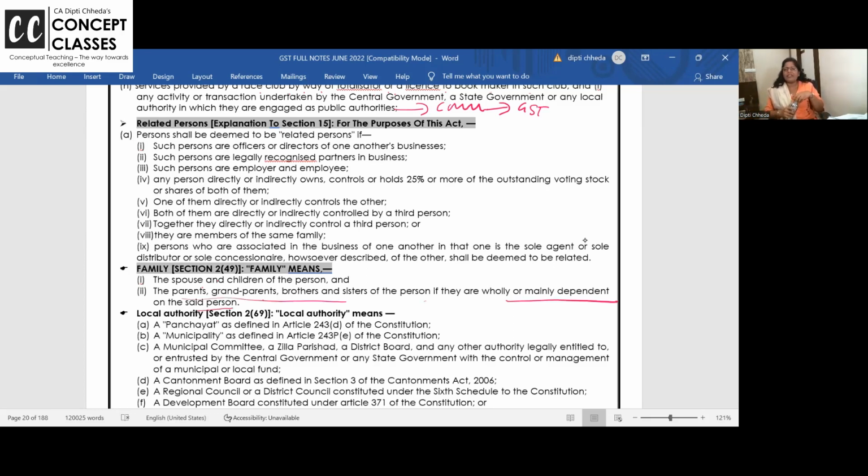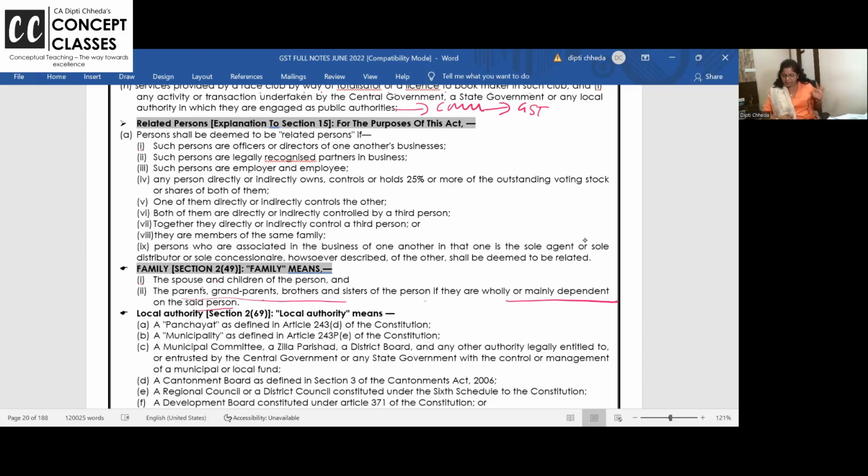This is the same definition we use for Mediclaim. Spouse and children, of course yes. Parents, grandparents, brothers, sisters, and all only if they are mainly dependent.